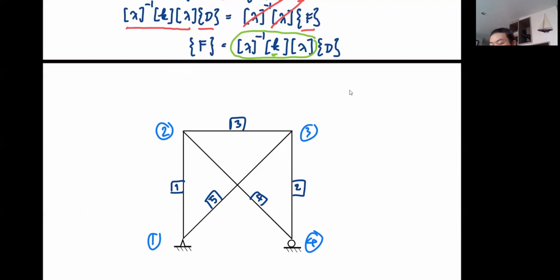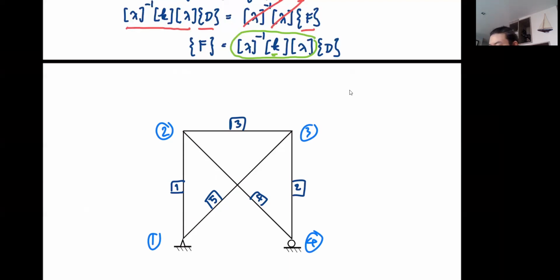Now when you look at member number 1, it's in this direction, but to be able to give it a proper rotation as the trigonometry function, you need to know where it begins and where it ends, right?